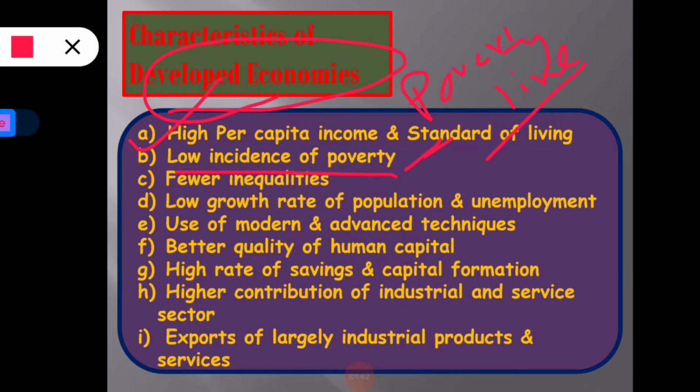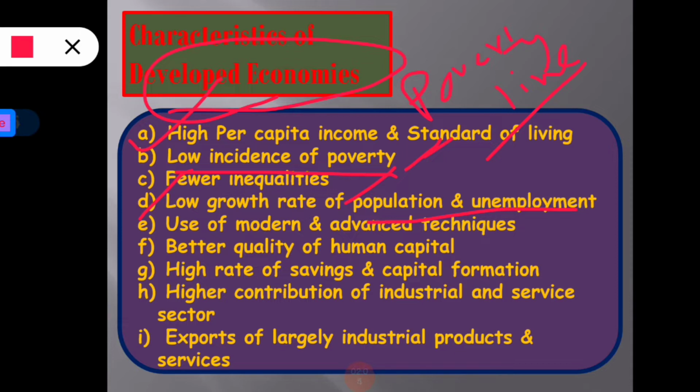Now going to the third one, that is fewer inequalities. Fewer inequalities means the income of all people is more or less the same, so there are minimum or no inequalities. Okay, so now going to the fourth one, that is low growth rate of population and unemployment.